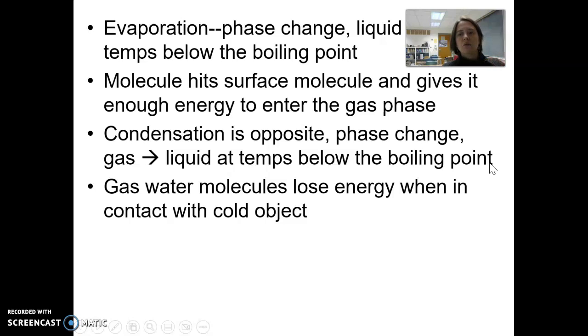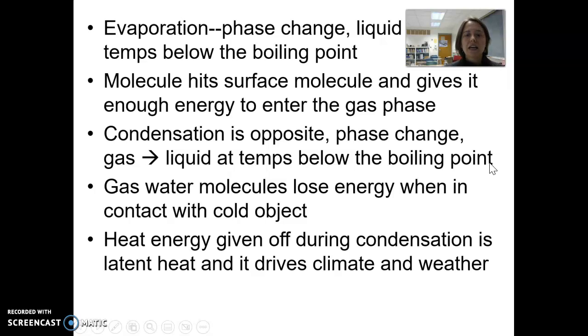That water vapor molecule in the air hit that cold pop can and gave up its energy to the pop can, and it lost so much that now it's just liquid and it doesn't have enough energy to be zipping around like a water vapor. It is a liquid water droplet now.